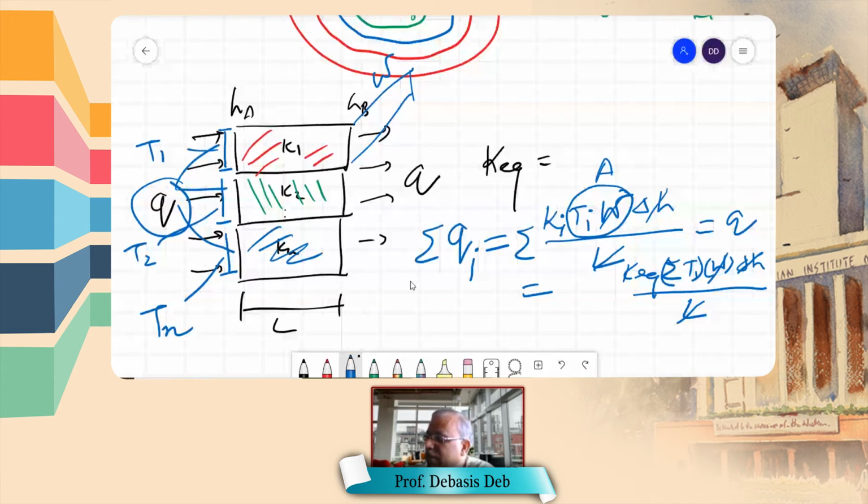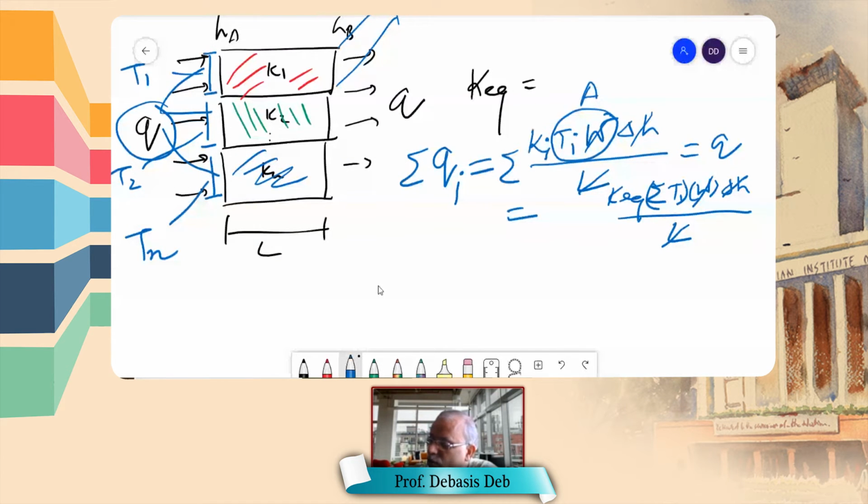So the equivalent, what do you get? K equivalent, if I rearrange this equation, will be summation of Ki Ti by summation of Ti. It's basically just a thickness weighted average.